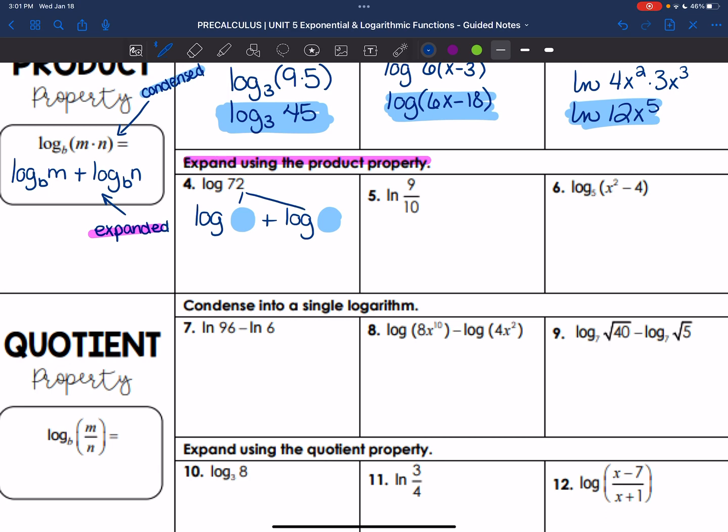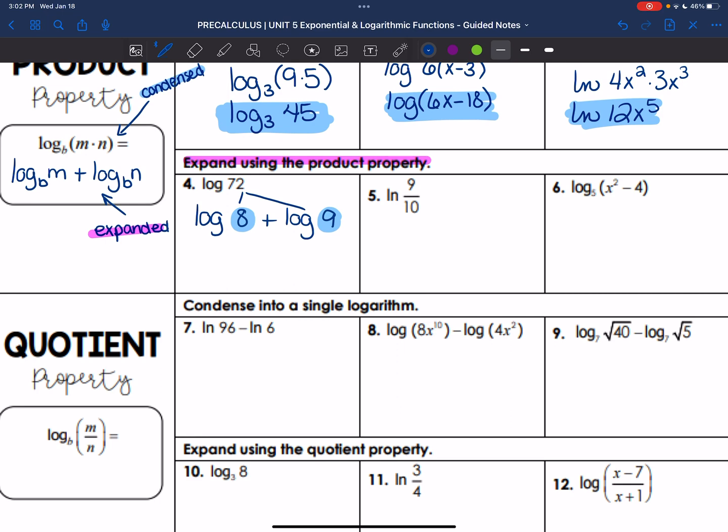So what are two numbers that multiply to give you 72? One option would be 8 and 9. So that would be one way of expanding this log.